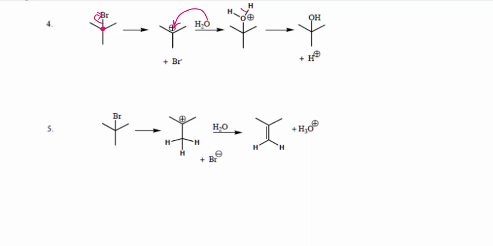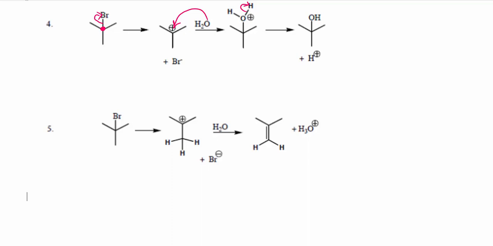And then we need to remove a hydrogen from the protonated alcohol now. So we have an arrow for every bond being made and an arrow for every bond being broken in order to show the substitution of this bromine for an alcohol group.